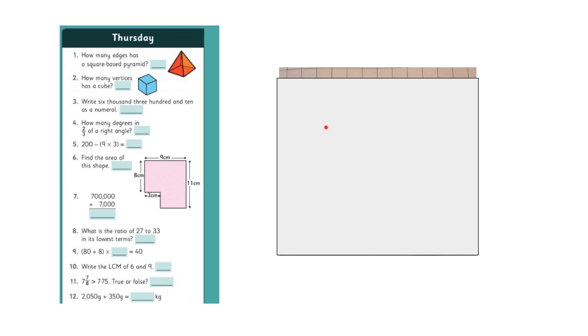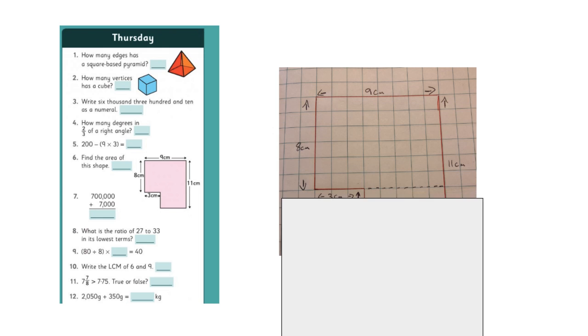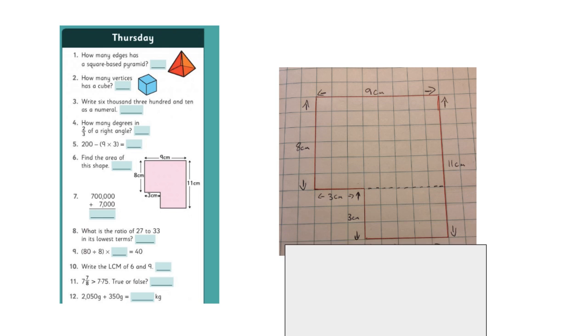So if we look over here, I'll just show you this rectangle that I have drawn out. And I have broken it into two separate rectangles. Okay, so this first rectangle, our dimensions are going to be 9 centimeters by 8 centimeters. So we'll calculate the area of this rectangle here first. Okay, this top one.